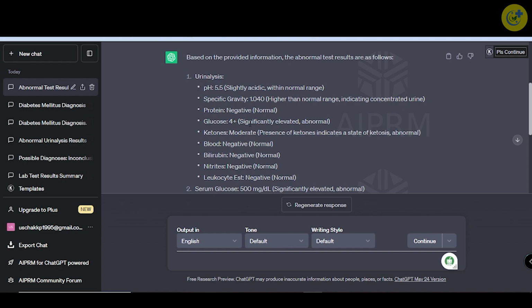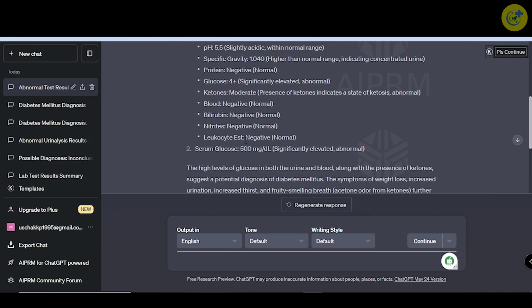Glucose 4+, significantly elevated, abnormal. Ketones moderate. Presence of ketones indicates a state of ketosis, abnormal. Blood normal, bilirubin normal, nitrites normal, leukocyte esterase also normal, serum glucose 500 milligram per deciliter, that means significantly elevated, abnormal.